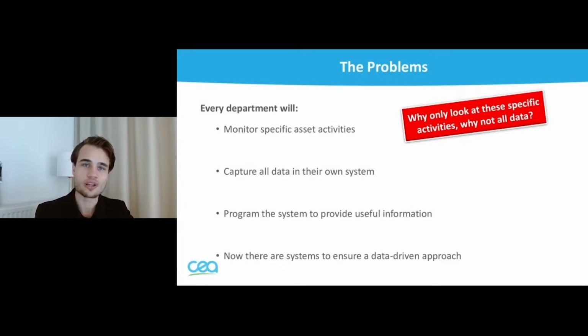Because why would you only look at those specific asset activities that are important to your department? Assets are not just important to your department, but to the whole organization. You should always try to consider more than just your activities. Because if every department considers the activities of other departments as well, this will actually gain you a lot of benefits.